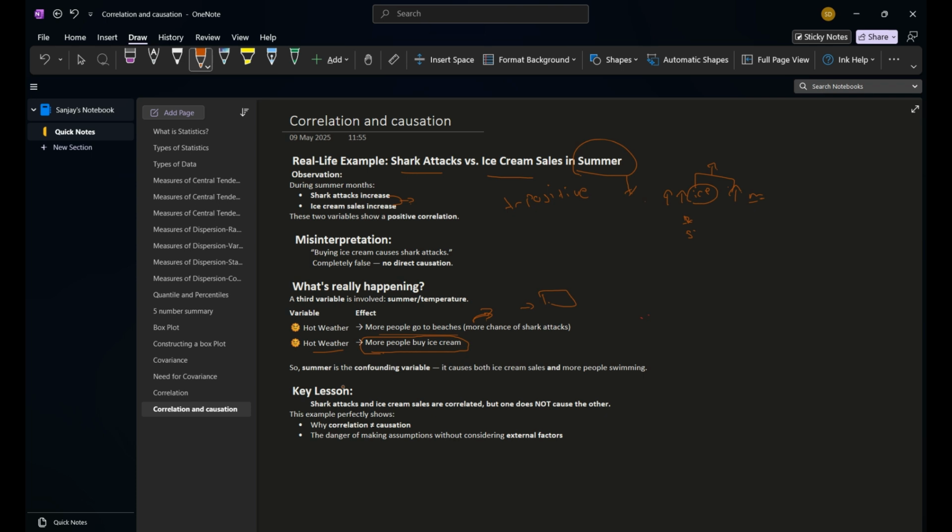The danger of making assumptions without considering external factors is huge from a business perspective. So now you know how covariance helps us measure the relationship, and how correlation gives us the direction and strength. But remember, correlation doesn't always mean causation.